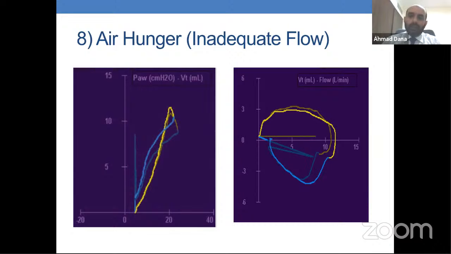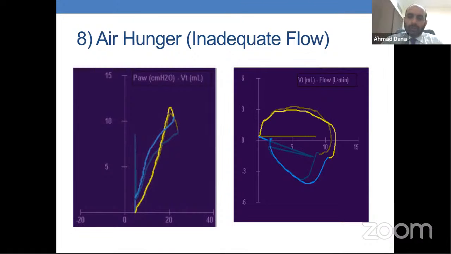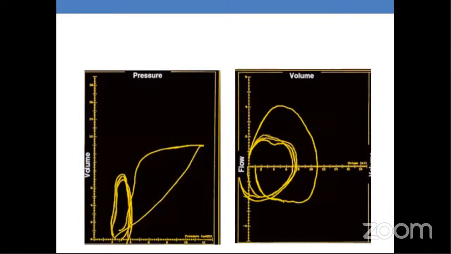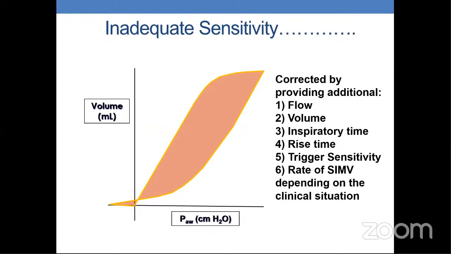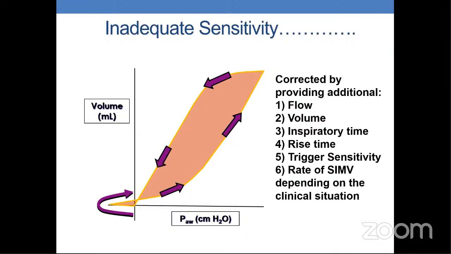When you have a figure 8, the machine delivers support, but the baby is trying to breathe on his or her own, and the machine is not giving the time due to poorly set parameters.